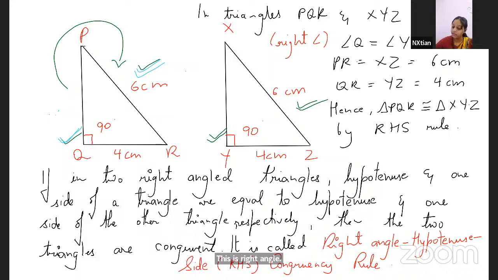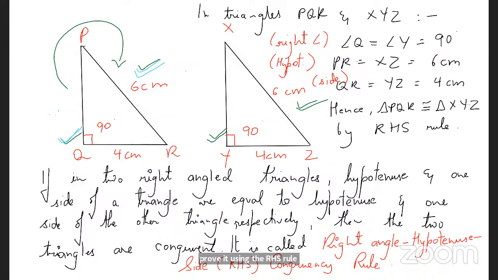Here you can put PR equals XZ, hypotenuse, and QR equals YZ, you can put side. So this is how you can prove it using the RHS rule. Now write this down, please, and then we are going to try out some questions based on these properties.